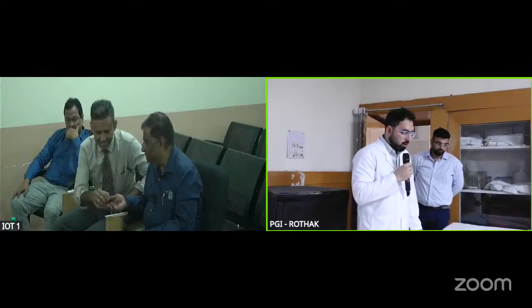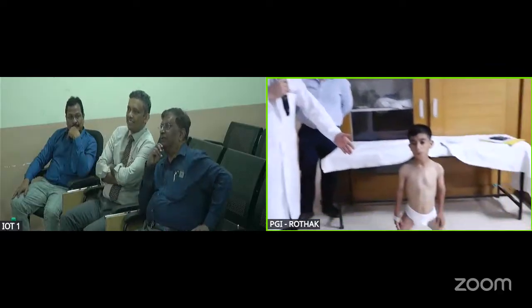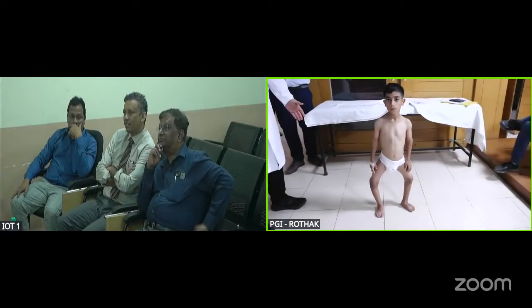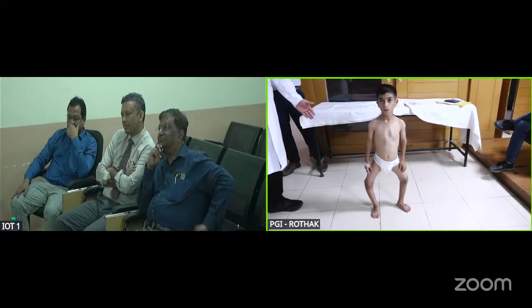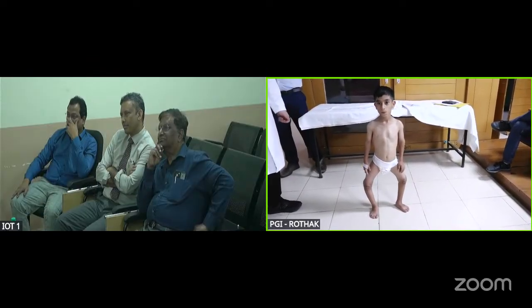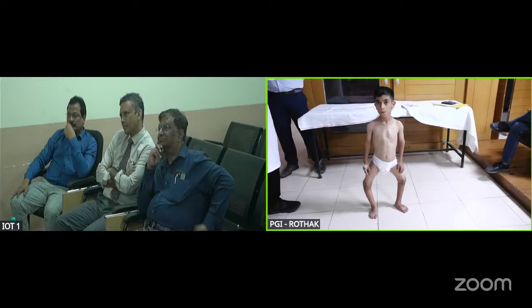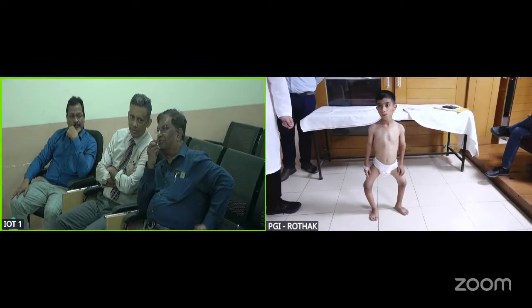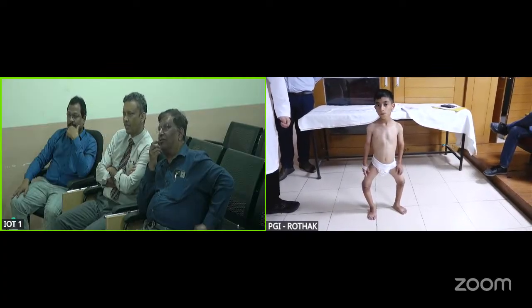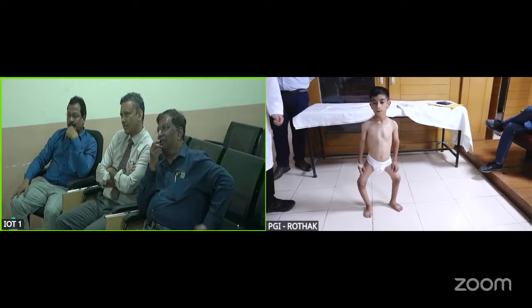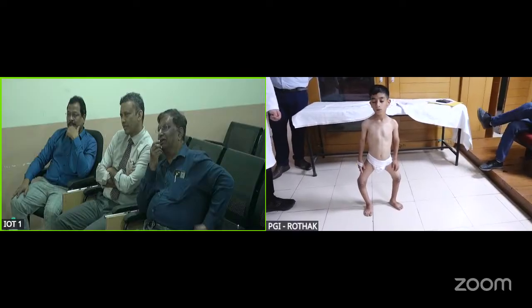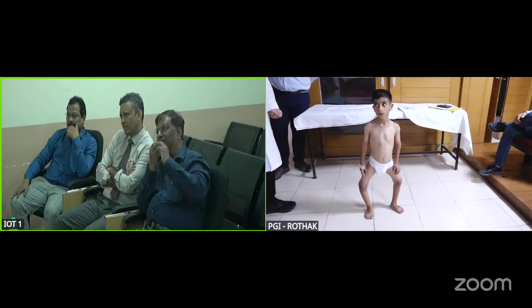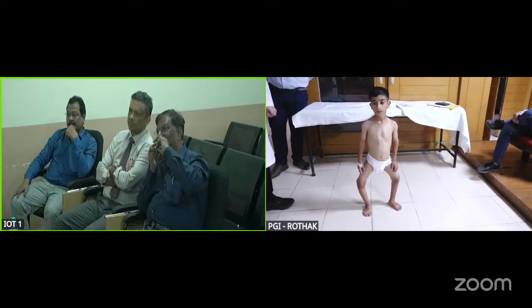I would like to talk about the gait first. Sir, anything you want to add? Anything you want to ask? The observation of the arm and the forearm. The lower limb can be described by the candidate.